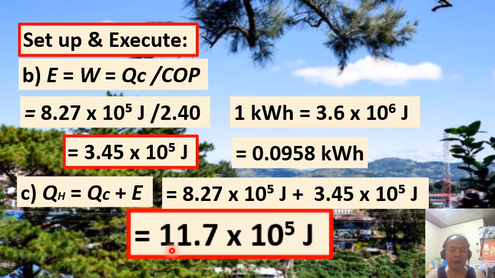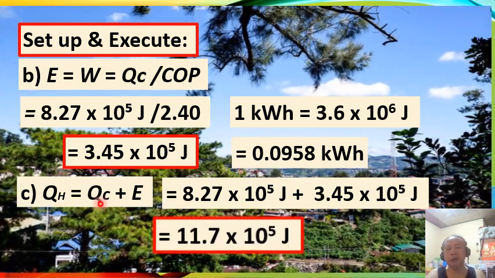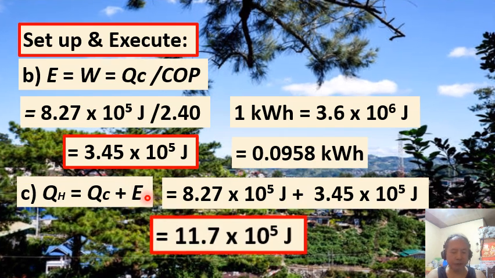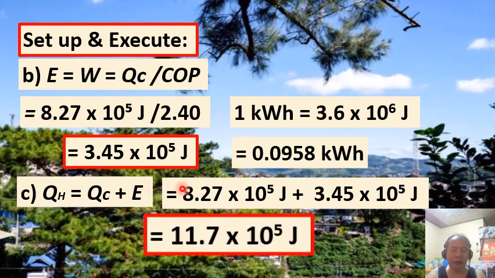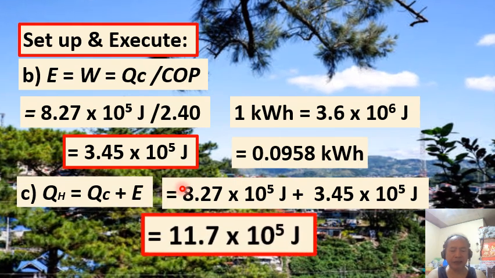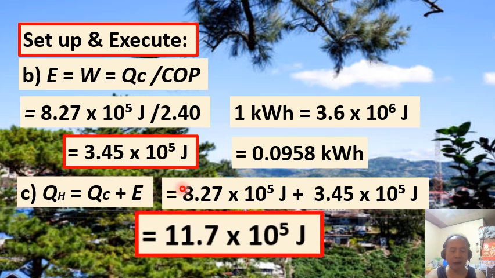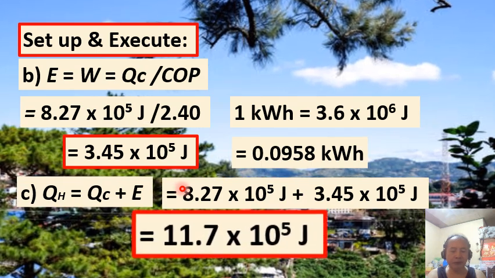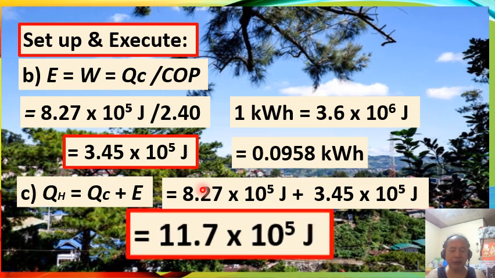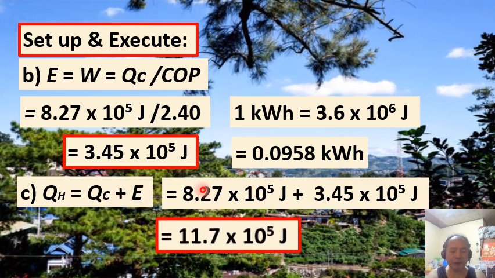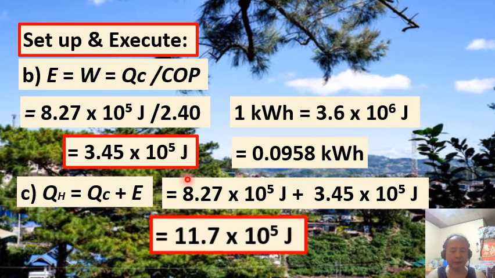We say therefore that the freezer's coefficient of performance, which is 2.40, represents the ratio of the heat that is extracted by the freezer from its contents, such as the water, in the cold reservoir, Q sub C, to the energy or work done by the freezer's compressor in expelling this heat to the surrounding.